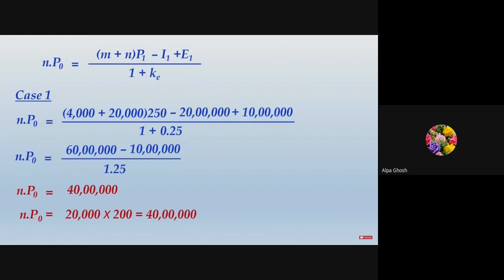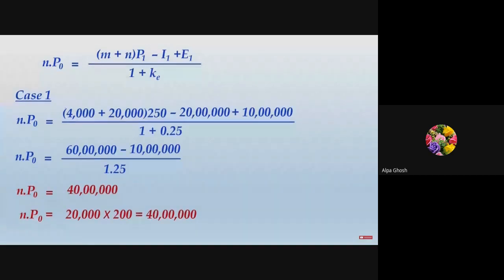What I am trying to tell you is this NP0 is computed as 40 lakhs from the right hand side of the equation, and this NP0 40 lakhs is computed from the left hand side of equation, and hence it is proven that NP0 will be 40 lakhs whether you take left hand side for your calculation base or the right hand side.